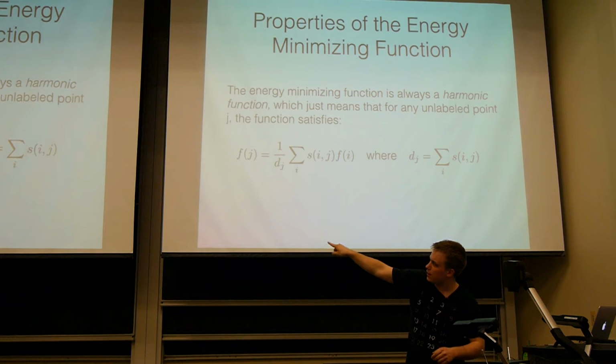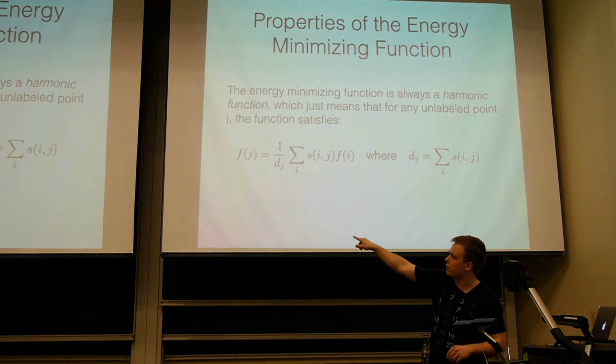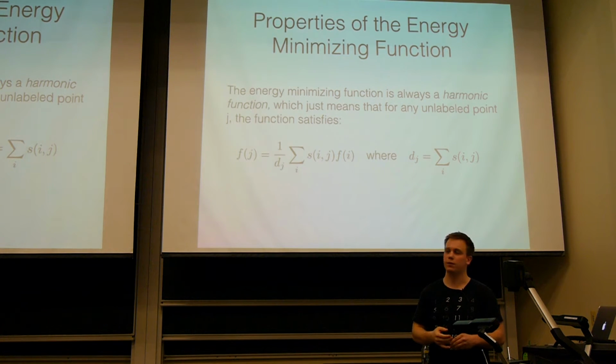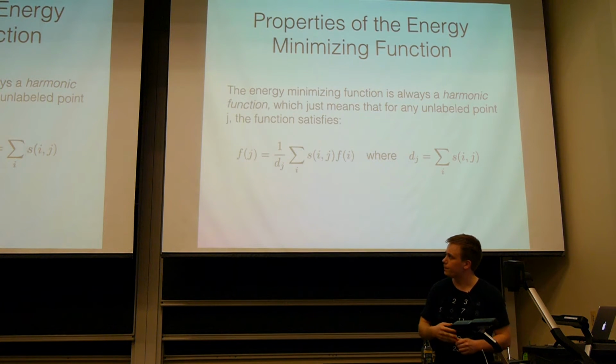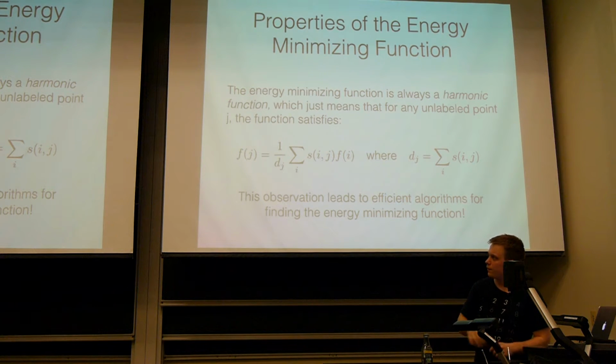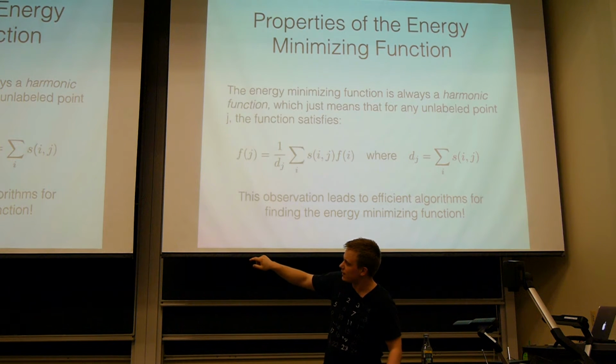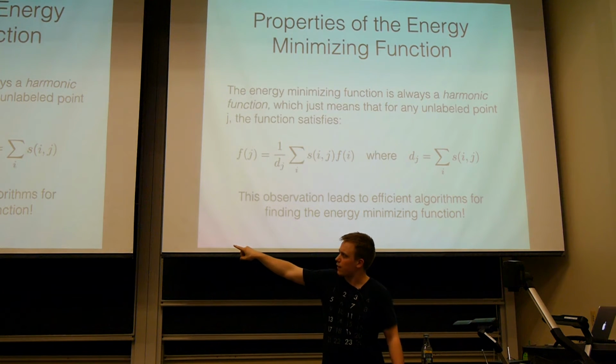And if you look at this dj, it's called the weighted degree of node j. And it's just the sum of the edge weights going out of node j.